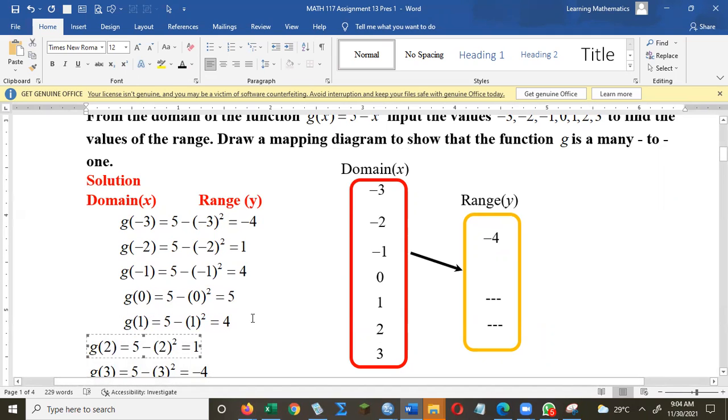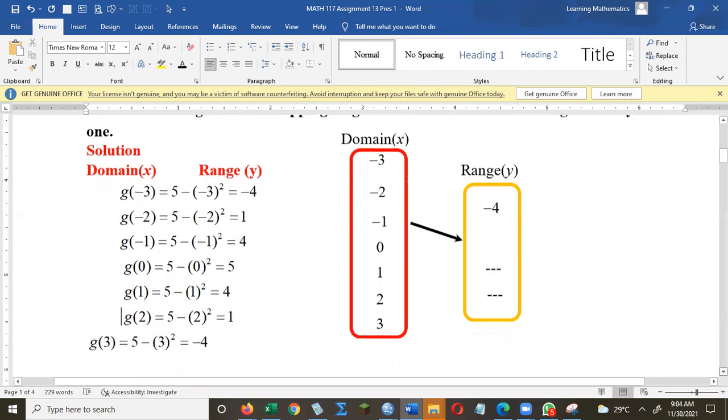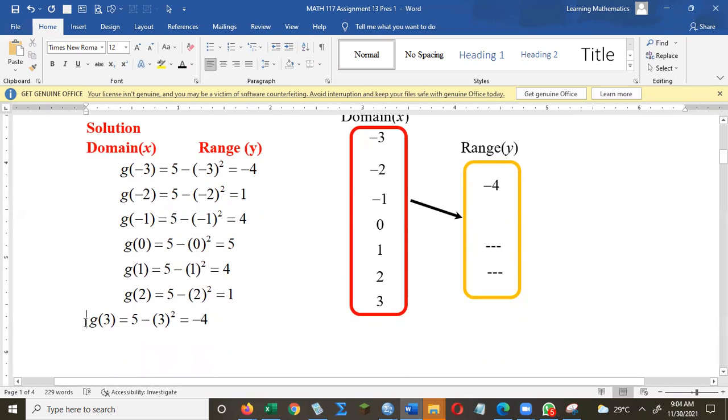Another input domain of 2 gives an output of 1, 1 is the range. The letter Y is the range. You need those things for your other course. 3, another input domain, the range is -4. So that's where the -4 comes out. Here it is, the range.